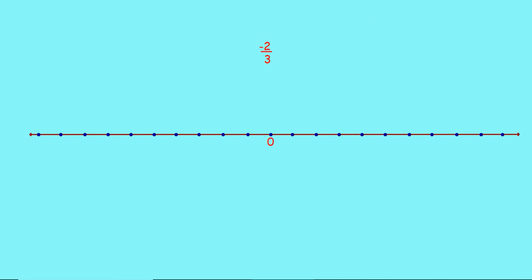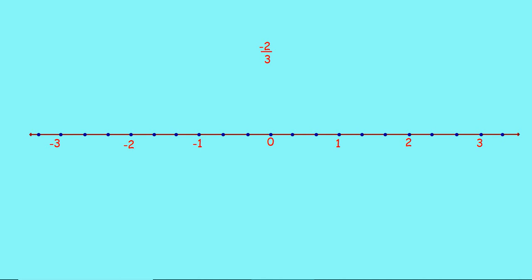So first we have to mark 0. Now take 3 divisions and mark it as 1, then 2 and 3, etc. on the right side. The same way we can mark on the left side also. Take 3 divisions on the left and mark it as -1. Then again 3 divisions and mark it as -2 and -3 and so on.